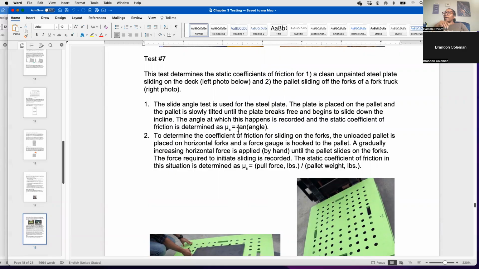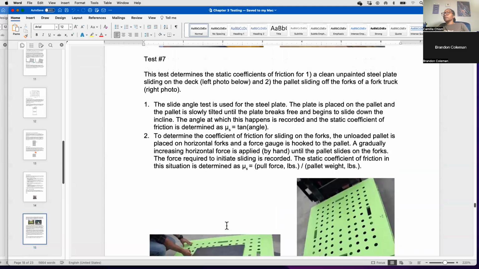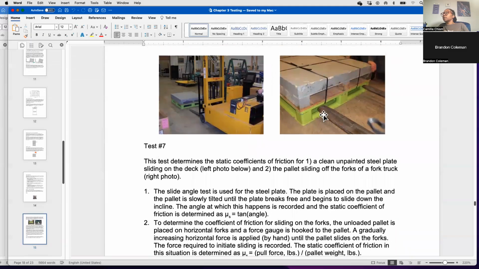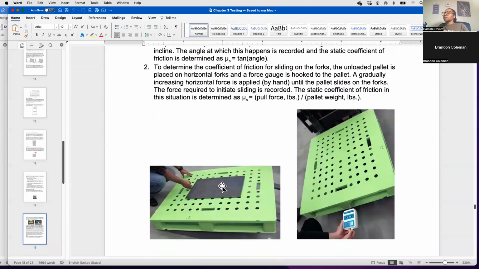So that's why you have that unpainted steel plate, because that's pretty much the same material that you can see on a fork tine. So that's what this is simulating. And this could be, you have pallets stacked on top of pallets as an example.